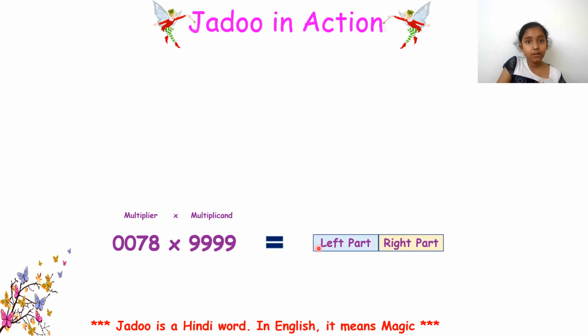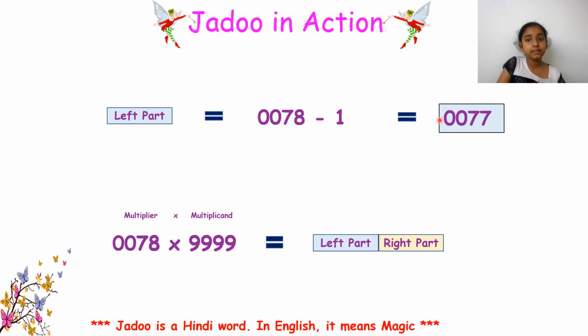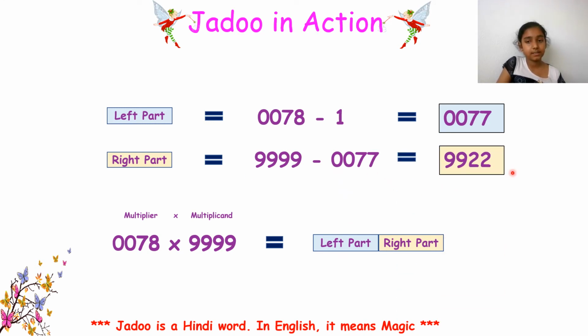Now let's find out left part and right part. Left part means multiplier minus 1, that is this. Right part means multiplicand minus left part result like this, that is this.